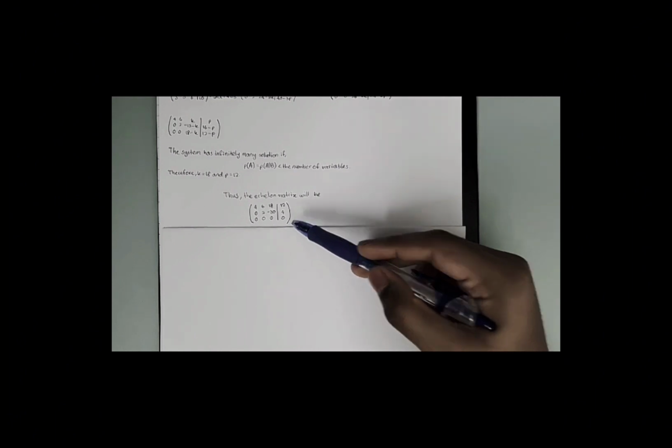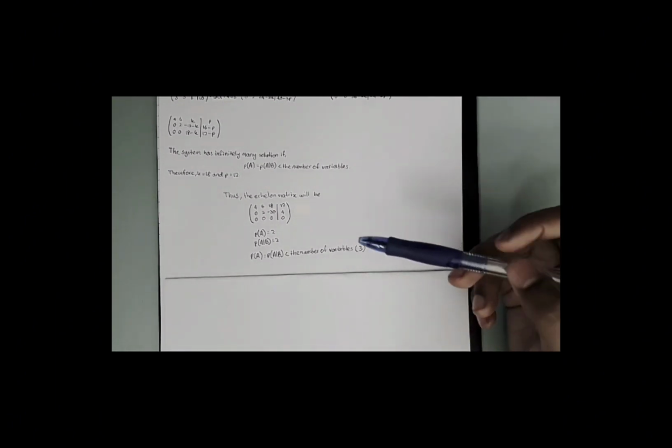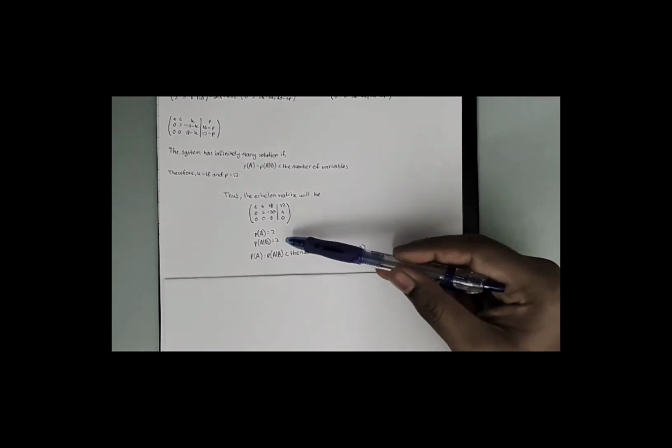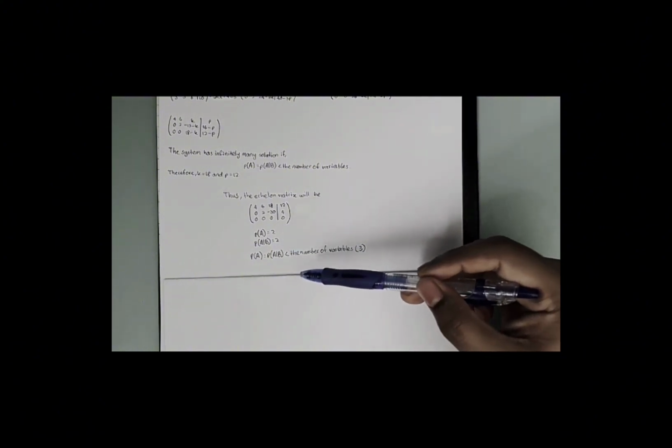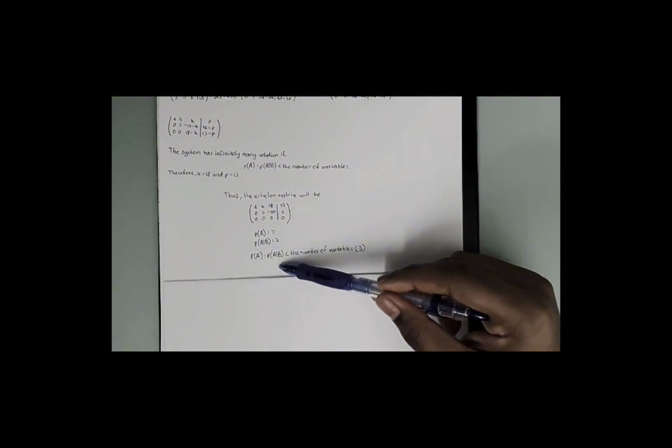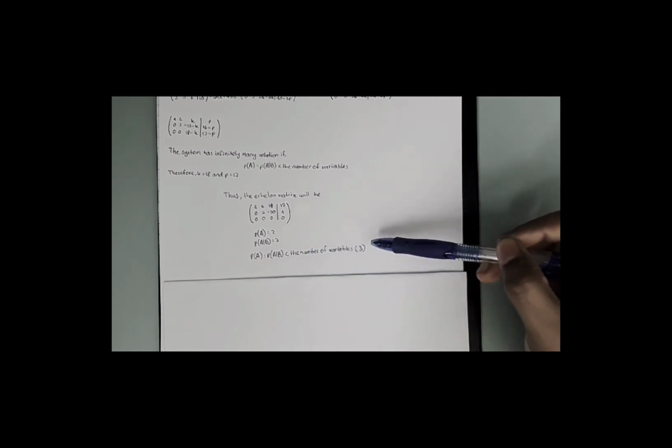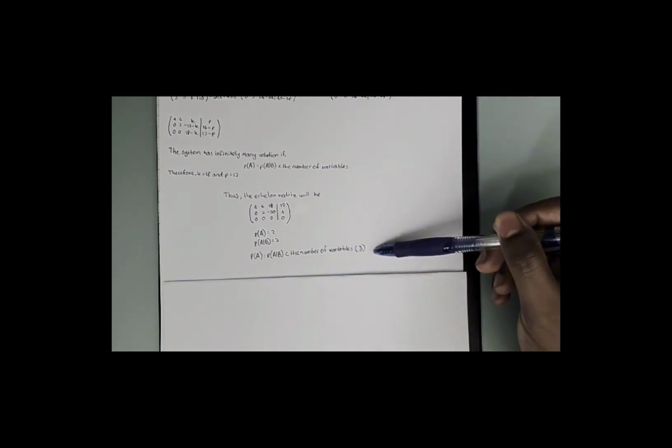So from this echelon matrix, we can find out that our rank A is equal to 2 and our rank A|B is equal to 2. Now our rank A and rank A|B are less than the number of variables, which is 3. Thus, this system has infinitely many solutions. Ta-da!